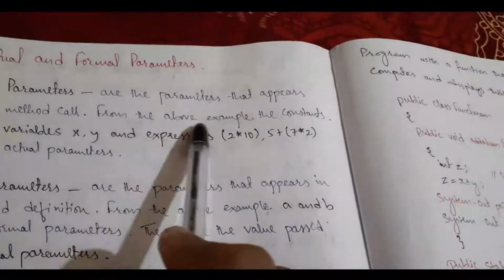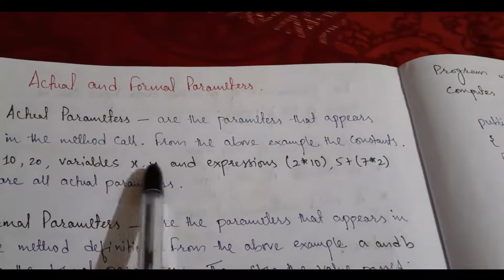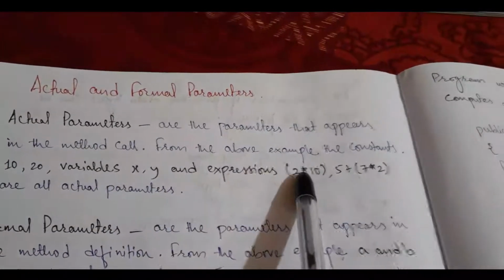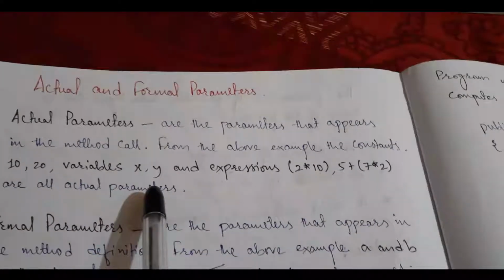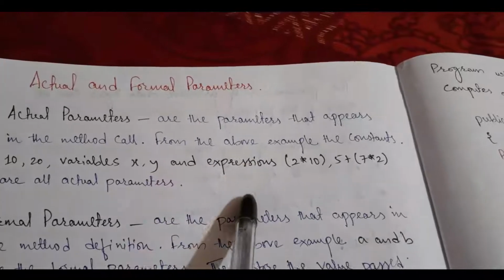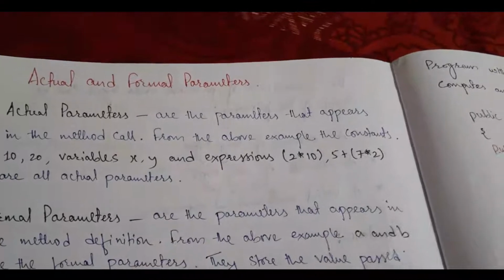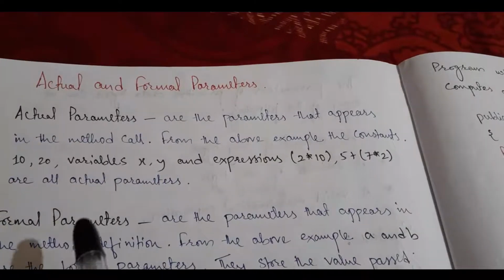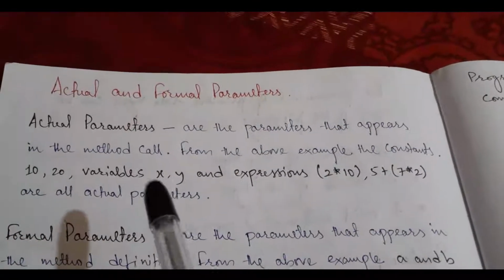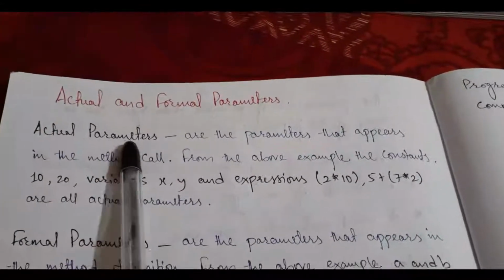Taking the help of the same example, the constants 10, 20, the variables x, y, and the expressions 2 * 10 and 5 + 7 * 2 are all actual parameters. I will explain this with the help of the programming part also. Whatever parameters are present inside the method call portion are considered actual parameters.